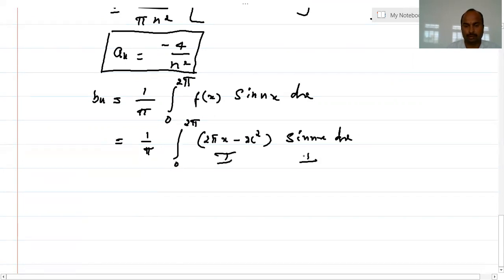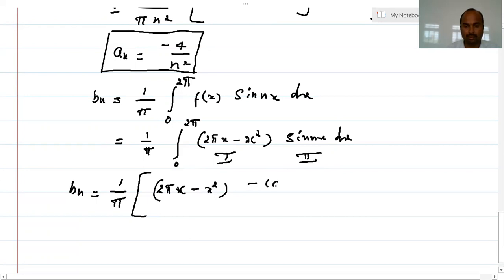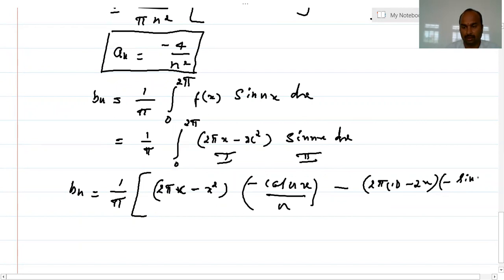This is the first function, and sin nx will be the second function. That is, bn will be 1 by pi into 2 pi x minus x square, sin nx integration is minus cos nx by n, minus: 2 pi x differentiation is 2 pi and x square differentiation is 2x, and cos integration will be minus sin nx by n square.